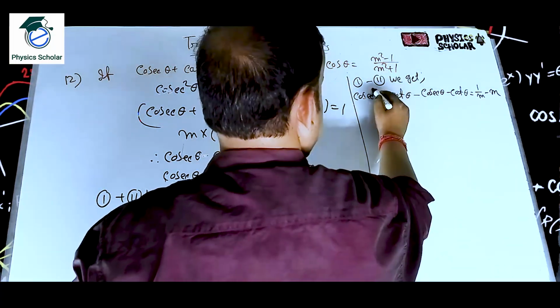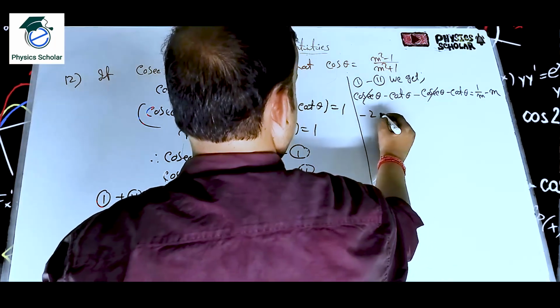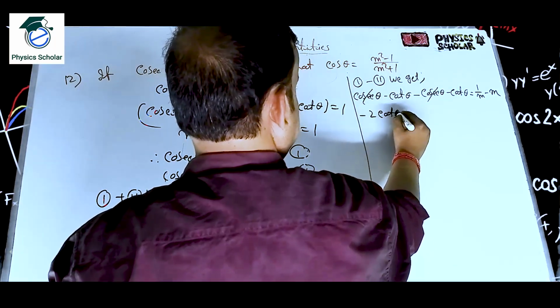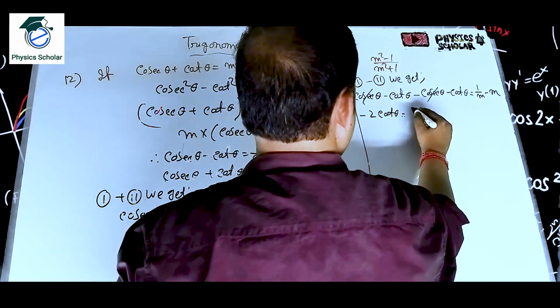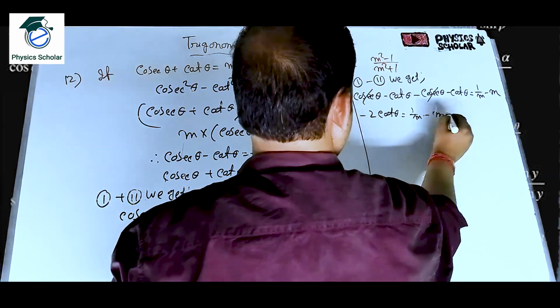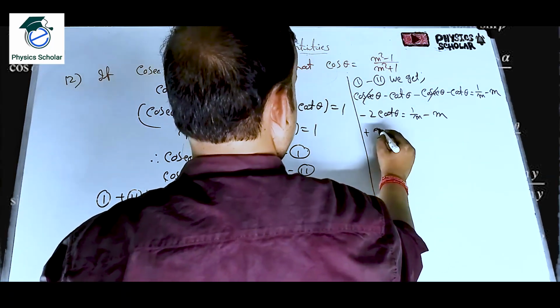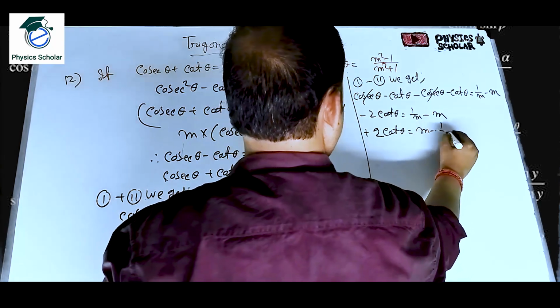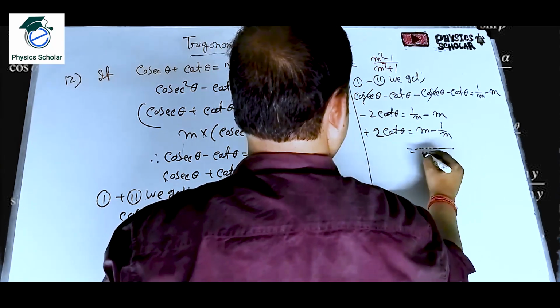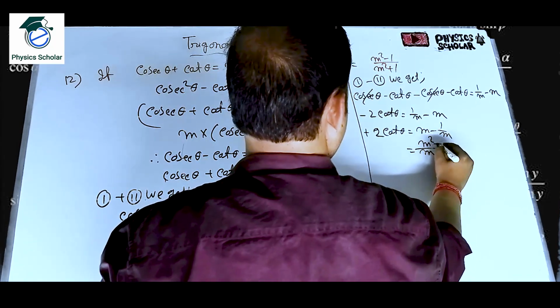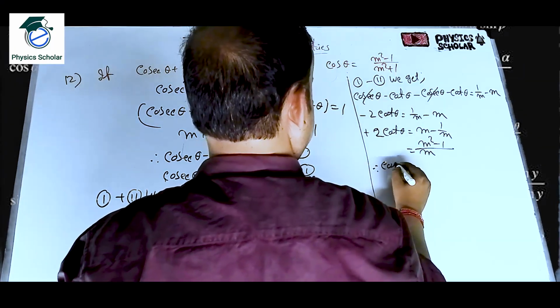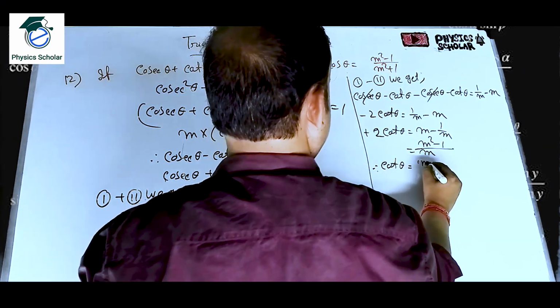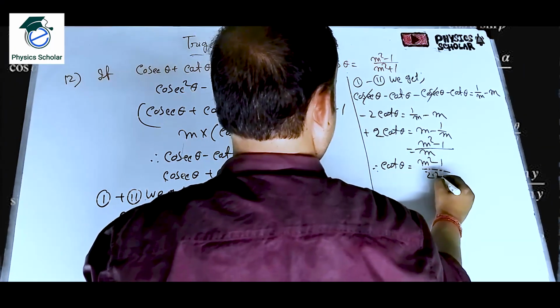Now this and this will be cancelled. So minus 2 cot theta is equal to 1 by m minus m. So 2 cot theta is equal to m minus 1 by m. That means m will be the LCM, m square minus 1. That means cot theta is equal to m square minus 1 by 2m.